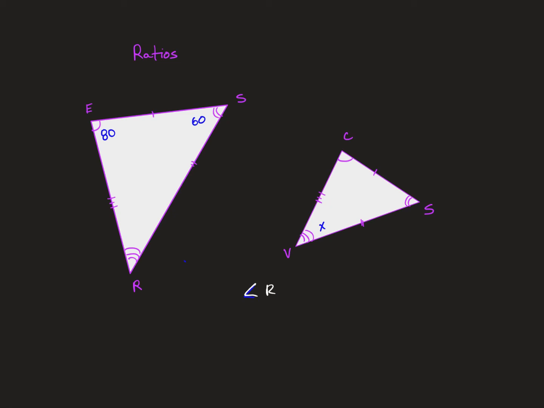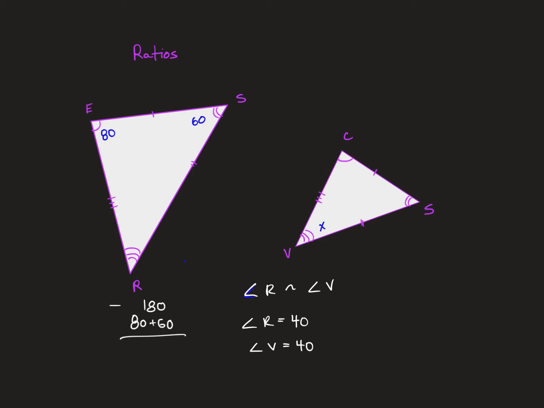Angle R is similar to angle V. I know angle R is equal to 80 plus 60, take that away from 180, which is 40. And since angle R is similar to V, I could say angle V is 40.